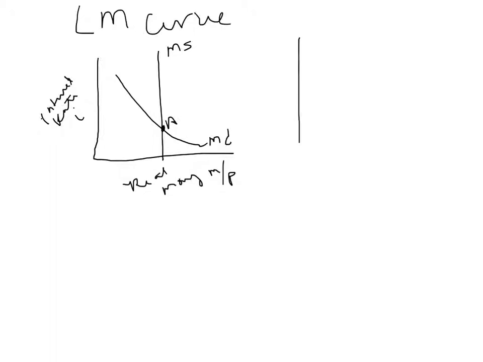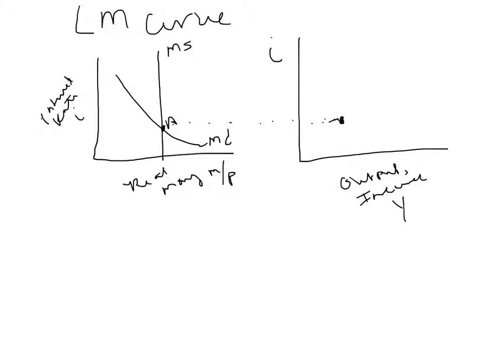Okay, so I'm going to draw that right beside over here where I'm going to put that LM curve, where I have interest rate, and before was output, but output and income, as you remember, is the same thing. So I'm going to put output, comma, income, and that's going to be Y. All right, so for this first A, that's going to be right here at this particular point.